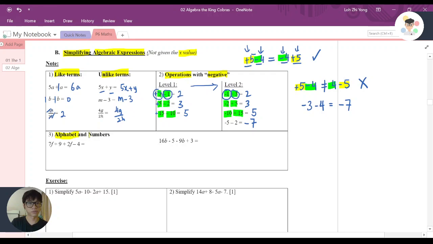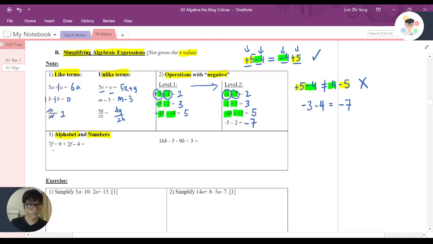Alphabet and number. Basically, what I want to emphasize here is that there will be a question with alphabet and with numbers. And how can we solve this? This requires the concept that we learned just now, the like and unlike terms, and operation with negative.